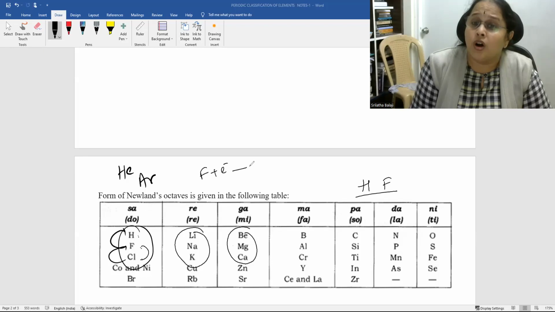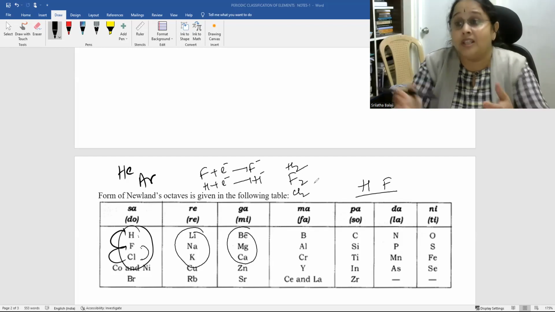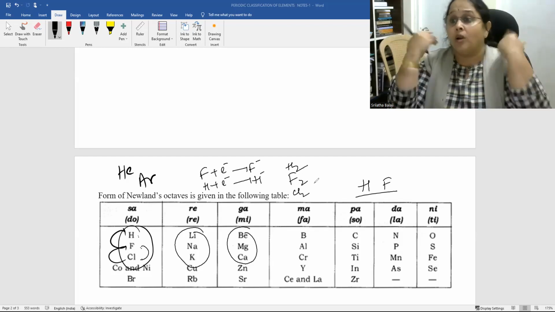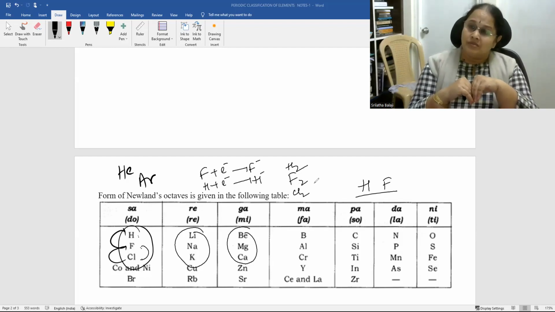Fluorine gains one electron to form F minus. Hydrogen gains an electron to form H minus. Hydrogen is diatomic. Fluorine is diatomic. Chlorine is diatomic. All these are gases. All these are non-metals. So does fluorine resemble hydrogen? Hence proved.